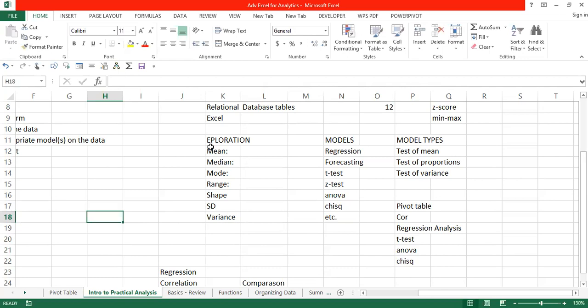Okay. All these items here are called measures of central tendency.